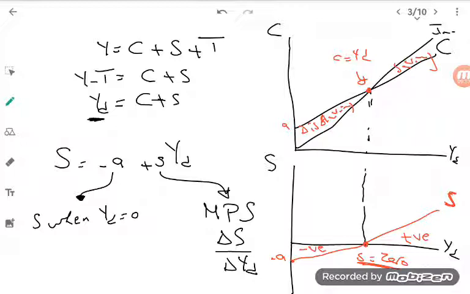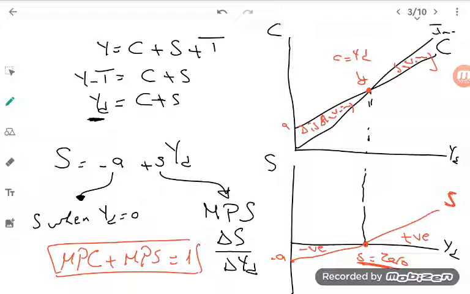From this, we can conclude that the marginal propensity to consume plus the marginal propensity to save must be 1. Their summation must be 1, as total income will be distributed between consumption by its percentage and savings by its percentage. Say for example, C equals 100 plus 0.7 YD.